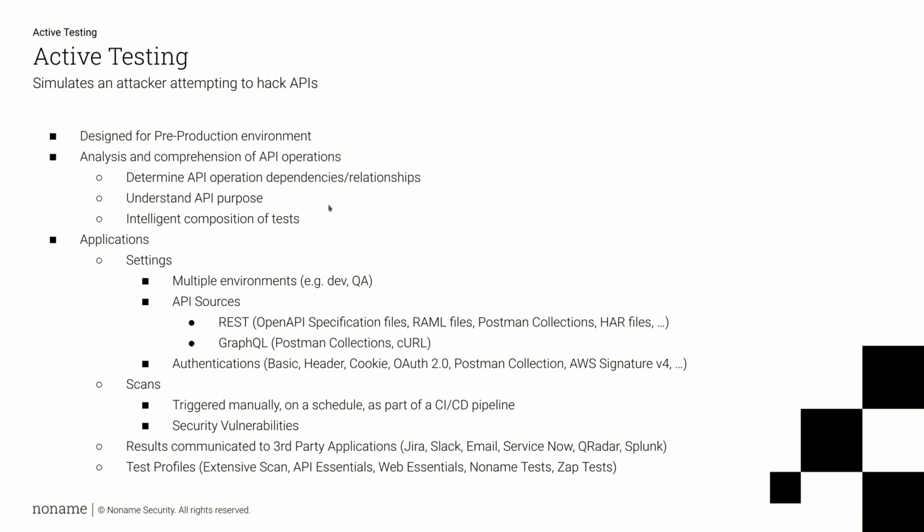All right. So how does active testing organize the data, the information that you need in order to make use of it? Well, it organizes it the same way your developers organize the data. There is a notion of applications, and every one of those applications has a set of settings. The settings is where you configure environments, the same way your applications are in different stages of the life cycle.